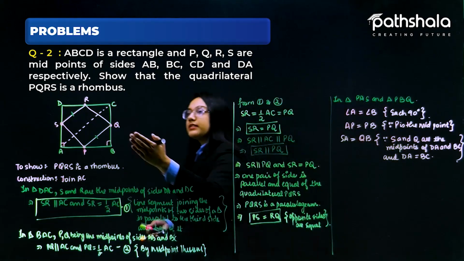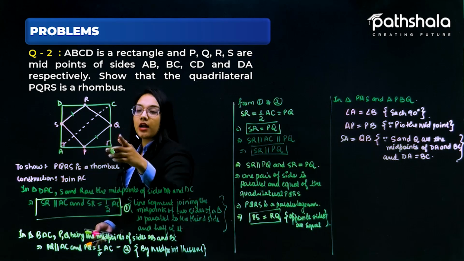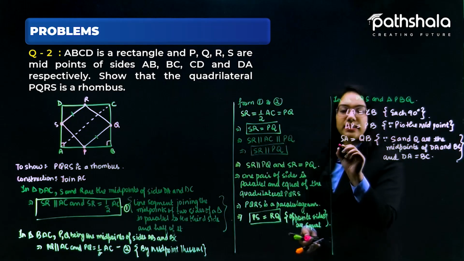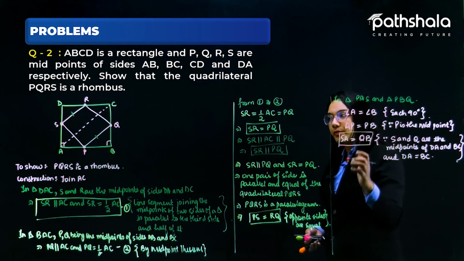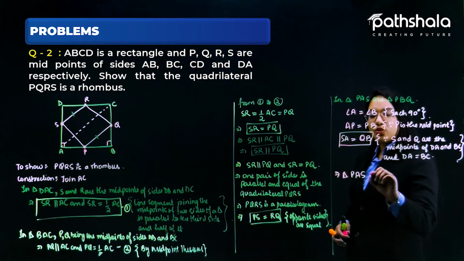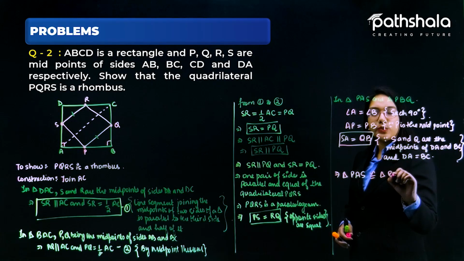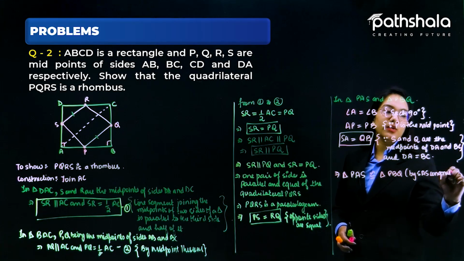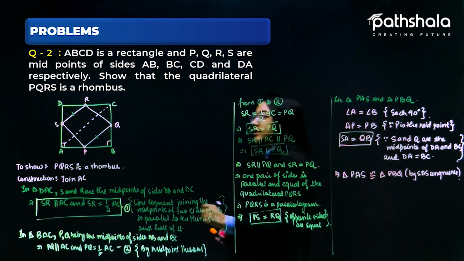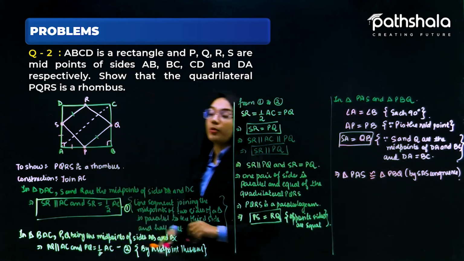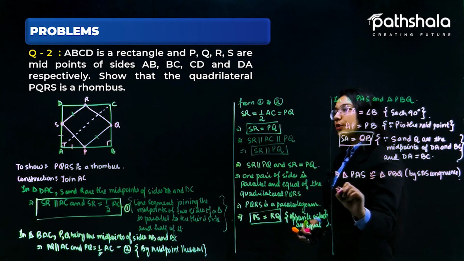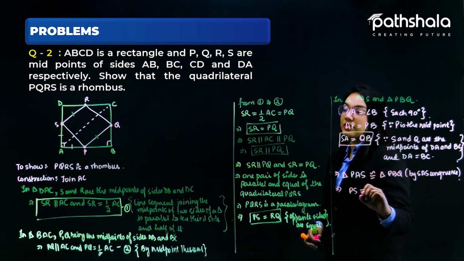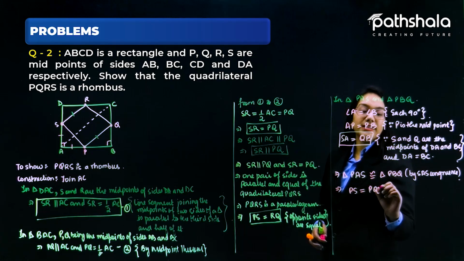So in a rectangle this side is equal to this side, and if S and Q are the midpoints, this half is also equal to that half. Hence SA is equal to QB. So these two triangles are congruent to each other by the SAS congruence criterion: this is the side, this is the angle, this is the side. If they are congruent, it implies that PS is equal to PQ.